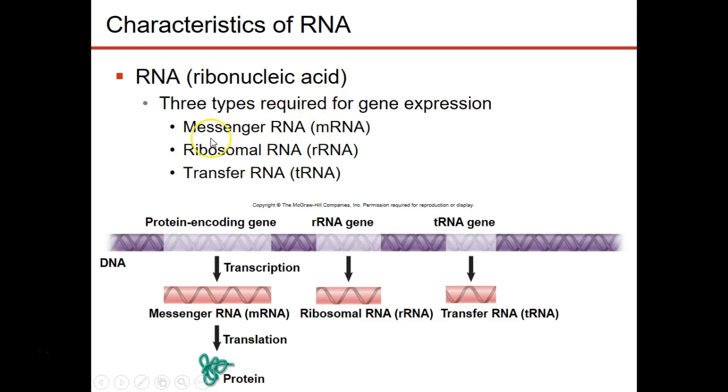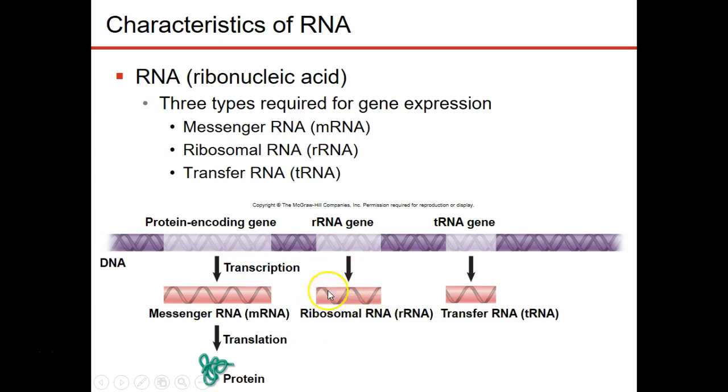There are 3 types of RNA that are used in protein synthesis. Messenger RNA is what carries the message of the DNA in an RNA form. This is the one we typically talk about when we talk about transcription, but they're all produced via transcription.